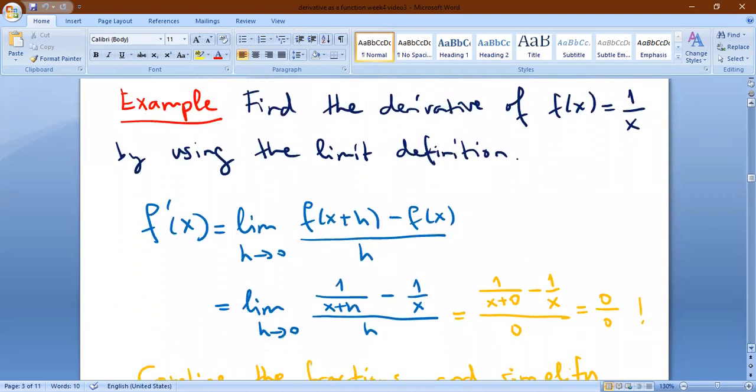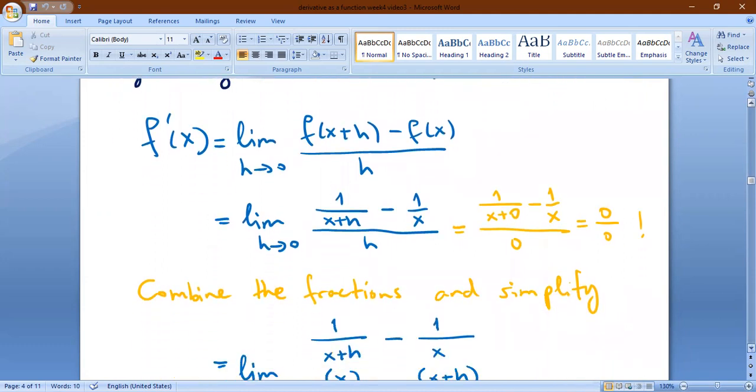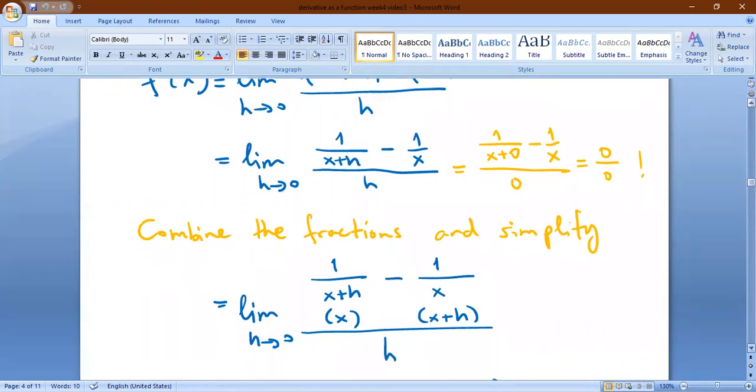Now, another example, find the derivative of the function 1 over x by using the limit definition. So if we write the limit definition and apply the function which takes 1 over the input, we will have this expression, and then if we take the limit as h goes to 0, we will have 0 over 0.